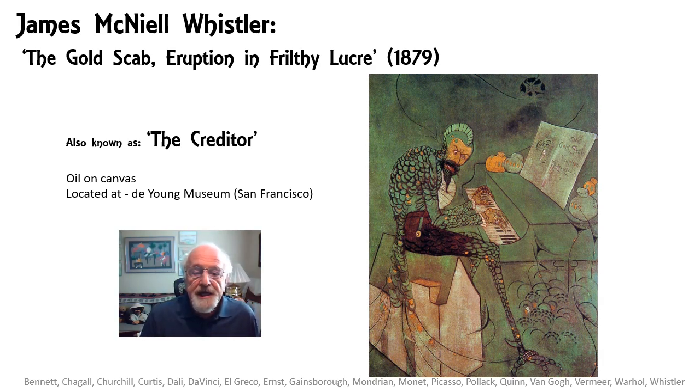This painting is a caricature of Whistler's patron, Frederick R. Leland, a British shipping magnate. Note the frilly, hence the word filthy, shirt. At the time of this painting, Whistler had gone into bankruptcy, and Leland was his main creditor. The painting is sometimes referred to as the Lost Symphony.